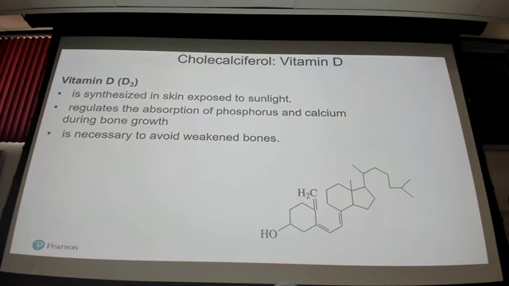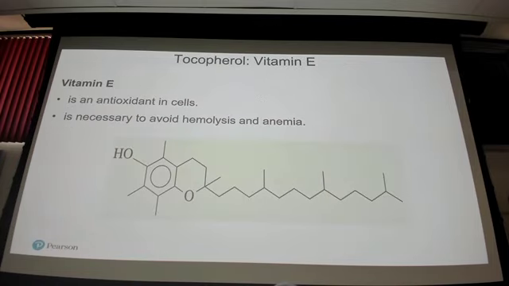Vitamin D is synthesized when our skin is exposed to light, and of course, we know vitamin D is very important in bone growth and bone health. Vitamin E is also an antioxidant, and a deficiency in vitamin E will cause us to have issues with our blood and potentially anemia.